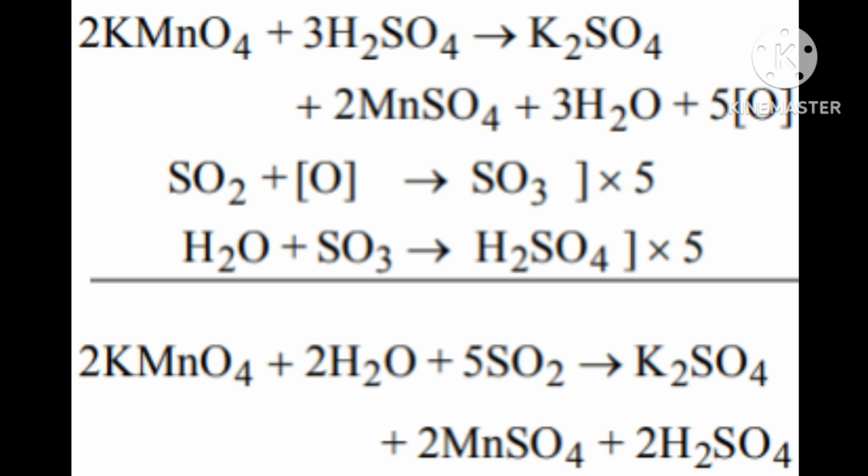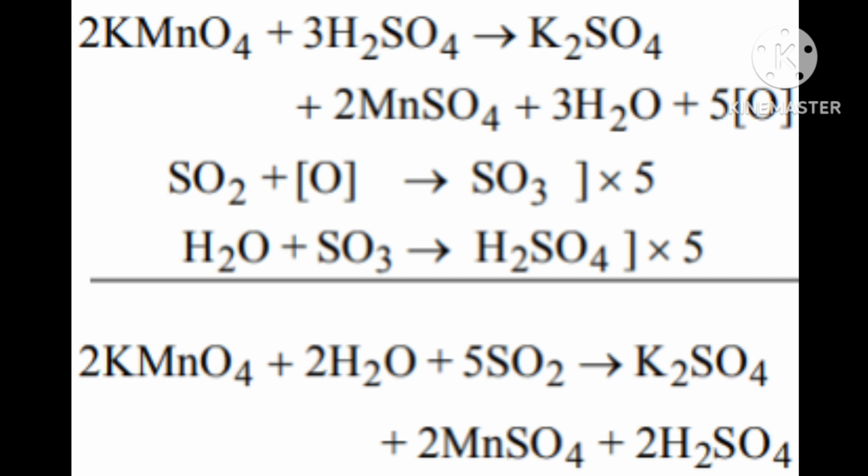Now another reaction in acidic medium, an important reaction of KMnO4: iodine is liberated from potassium iodide. The permanganate functions as an oxidizing agent.